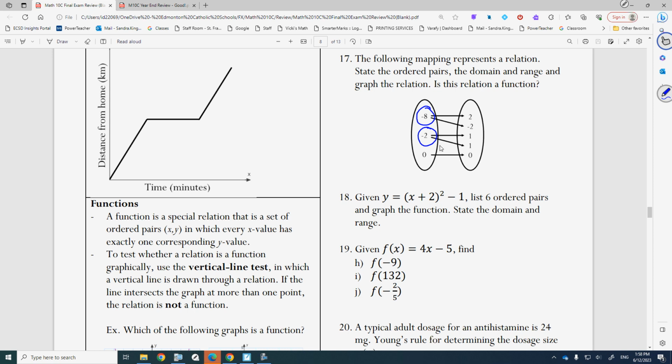We're going to have a coordinate at -8 going to 2, and -8 is being mapped to -2. If you plotted those points, here's -8, you'd have a point at 2, and you'd have a point at -2. This would fail the vertical line test, right? If you draw a vertical line, it would go through that point and that point. So this one is not a function.